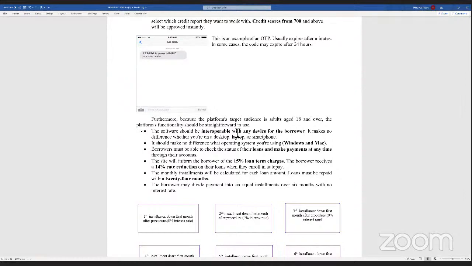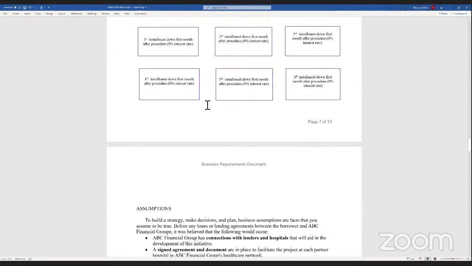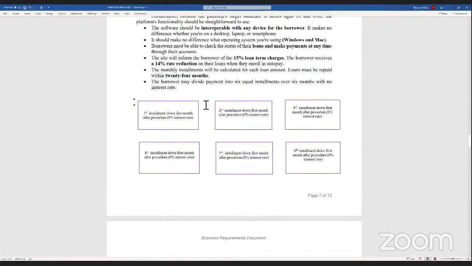Can you scroll down? On the last point: the borrower may divide payment into 6 equal installments over 6 months with no interest rates.